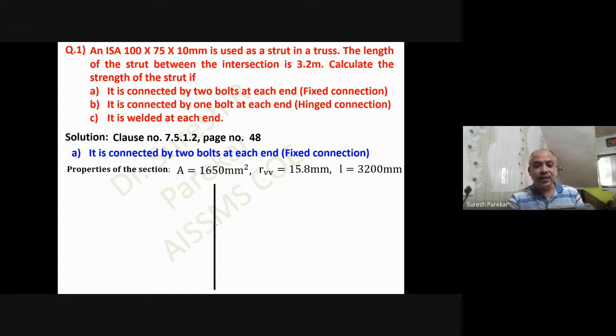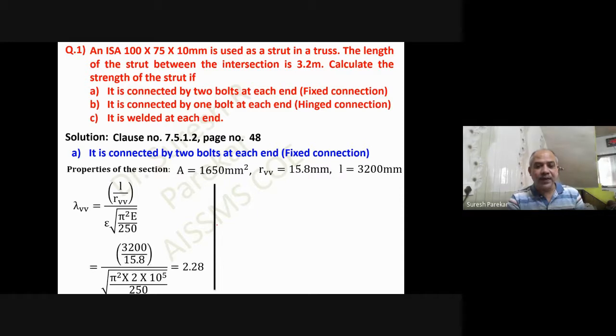In 7.5.1.2, you can see we have to find lambda E. We have already seen that lambda E is the root of K1 plus K2 lambda VV square plus K3 lambda phi square. And by using this, we have to find the value of lambda E. So first we take lambda VV.